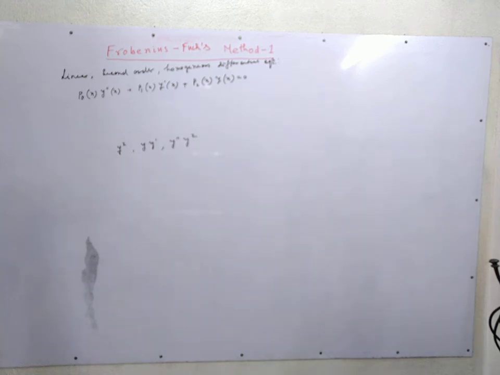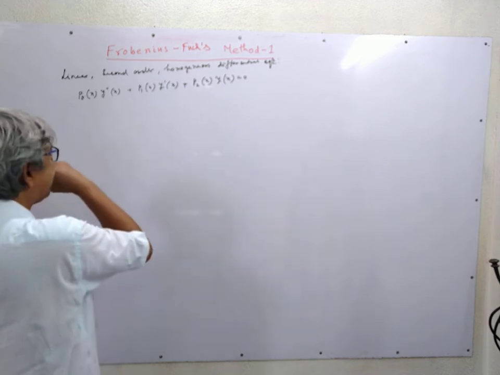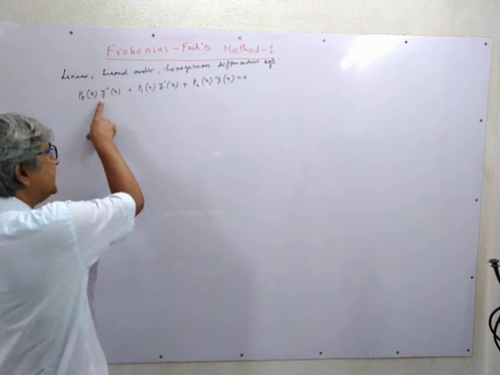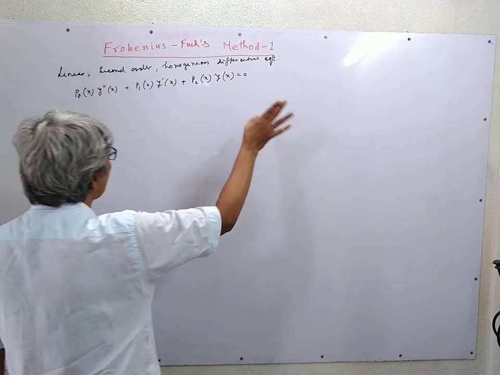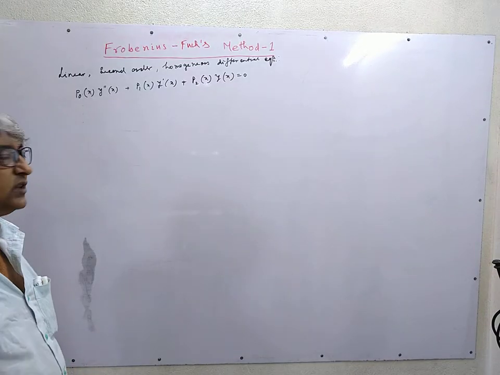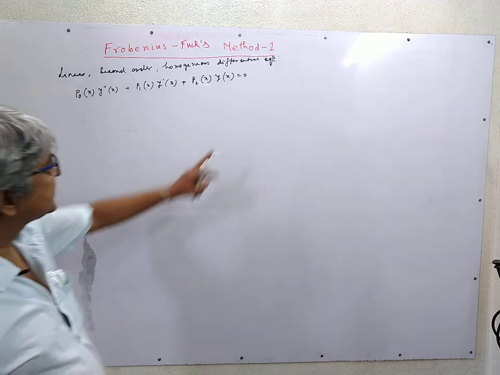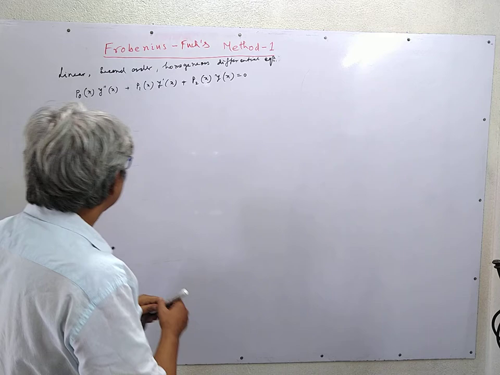So in that sense the differential equation is linear. It is second order because the highest derivative of y involved is 2. And there is no term in this differential equation which is free from y or its derivative. That's why it is homogeneous.